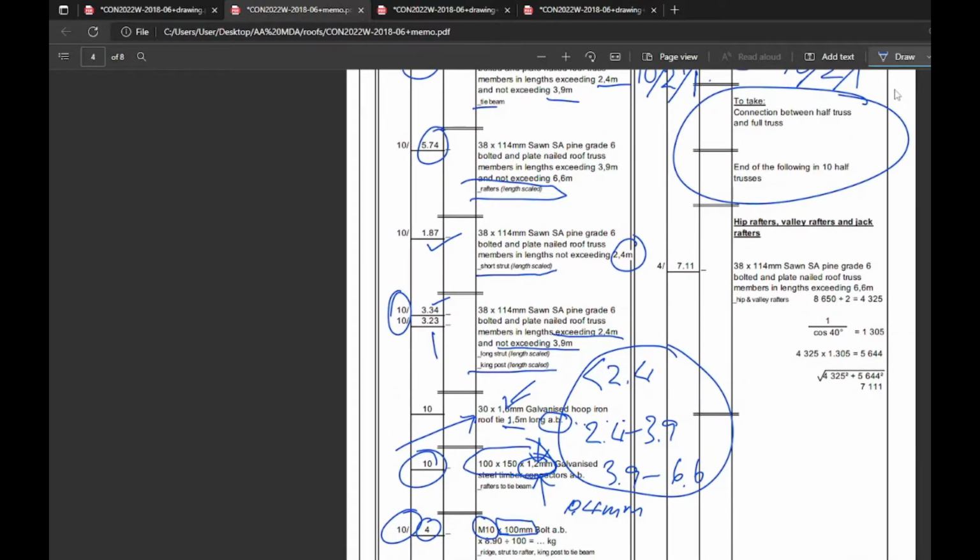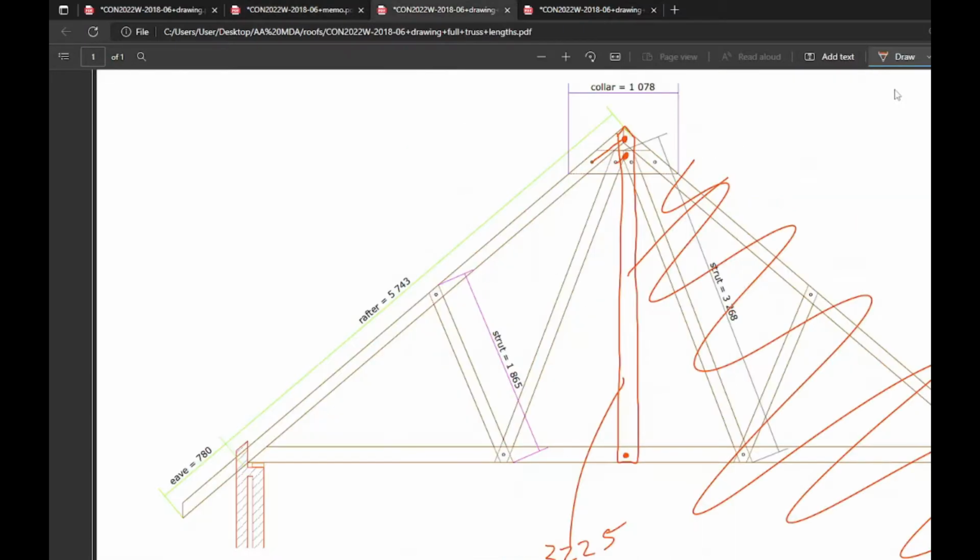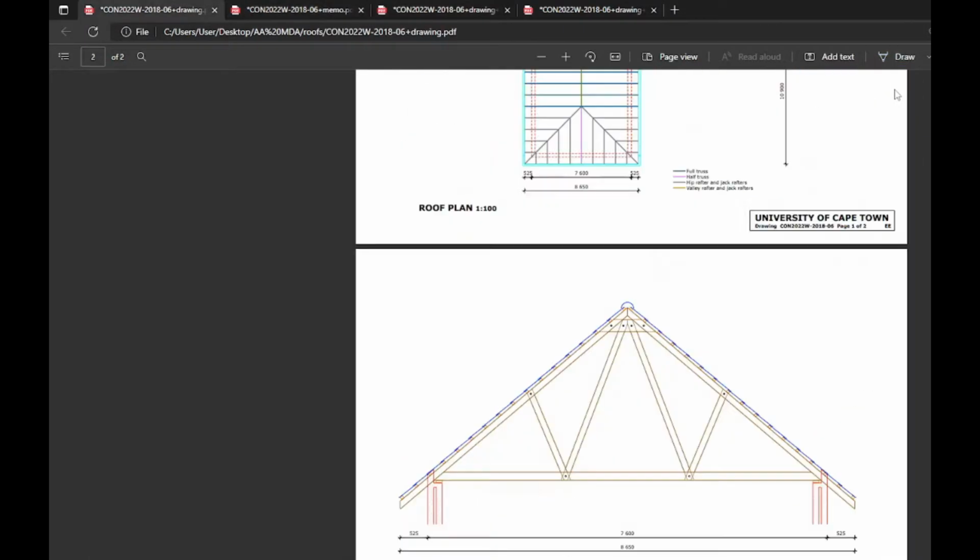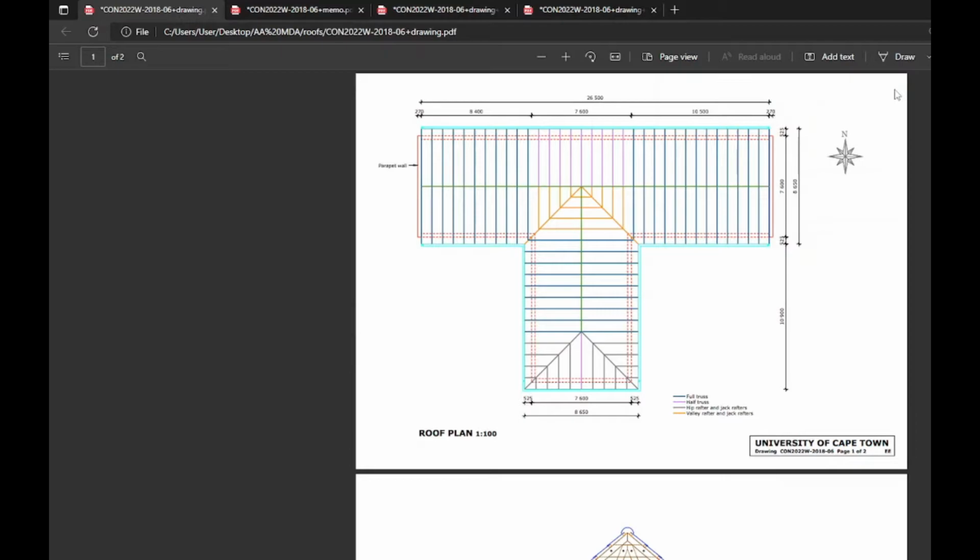This take is everywhere we've left out, and it kind of touches on what I was saying here, is that we have a bunch of half trusses sort of floating in the air here. But how do we fix the half truss where it meets, let's say where it meets the jack rafters, or where this one meets the top here?